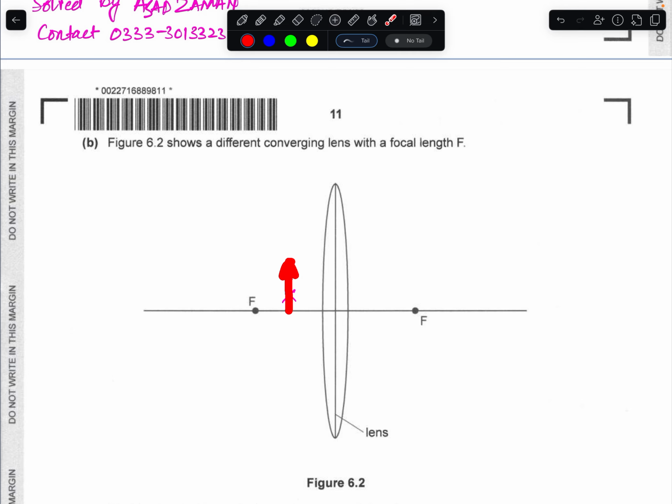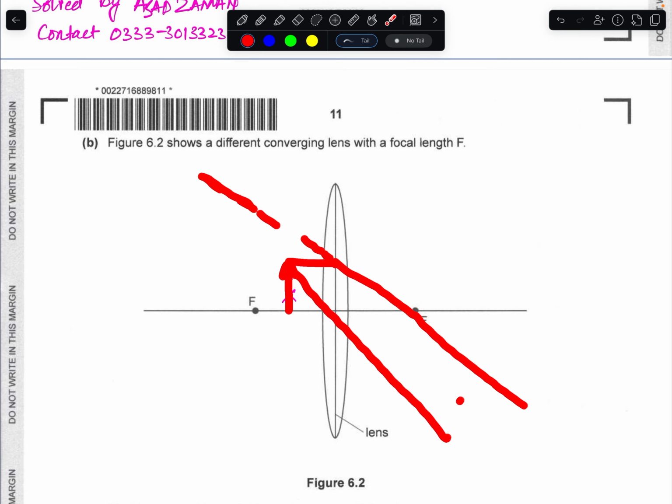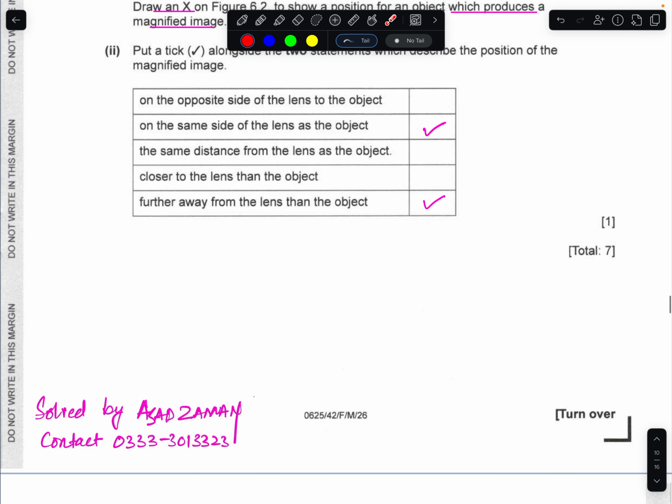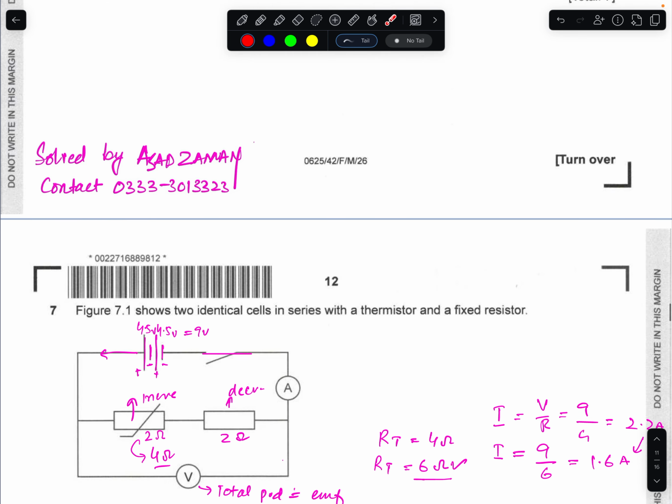So if you trace these rays back, you must get a point where they meet, and that is the point where the image is produced. This is an upright, virtual, and magnified image. And it is further away from the lens than the object, obviously, because the object is placed very close to the lens.